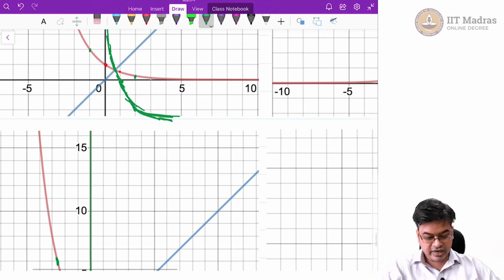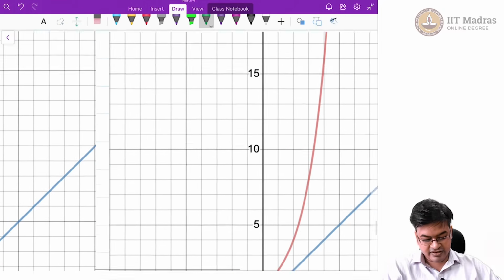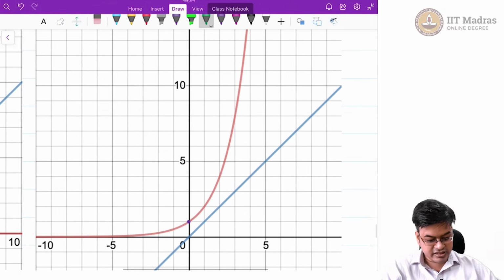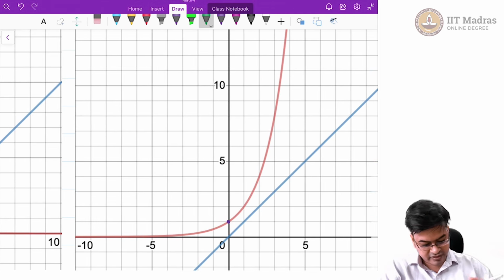Now if you look at the graph of a function where a is greater than 1, here there are no overlaps, so it is relatively easy to draw the graph. For example, I can choose this point over here. If I go 1 unit from here, I should get something like this here.